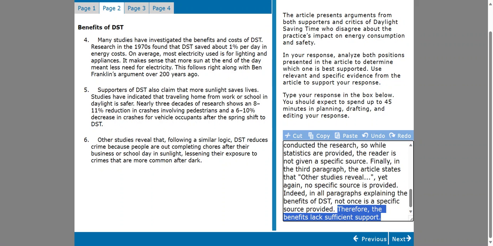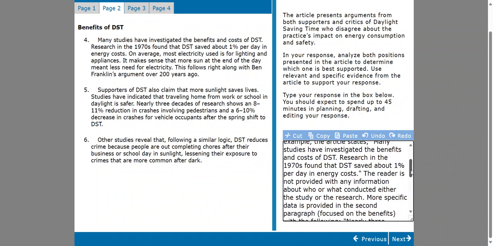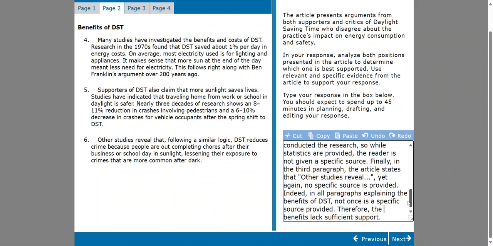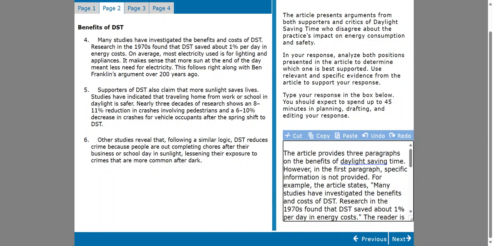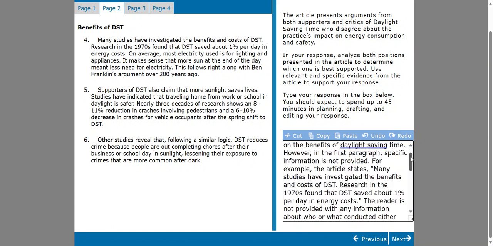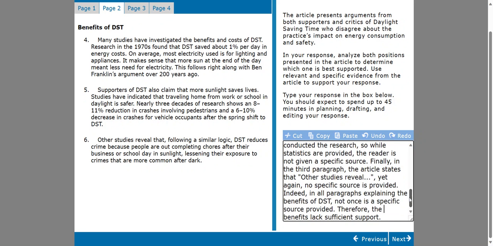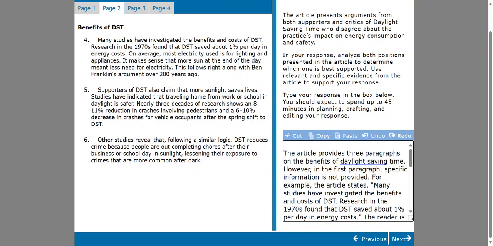Therefore, the benefits lack sufficient support. Now I can go back to my first sentence for the first body paragraph, and that is to say the benefits lack specific support or lack support. And so I can say that lack sufficient support.